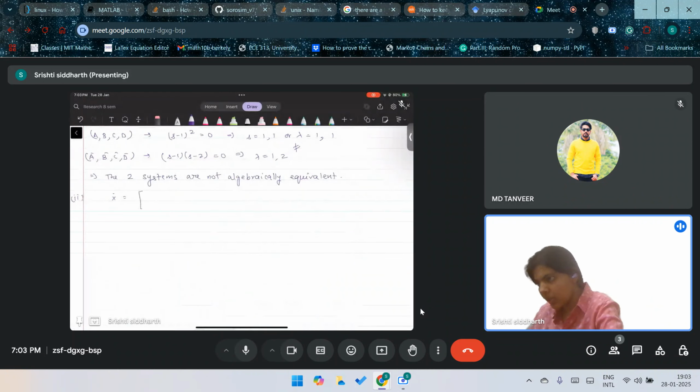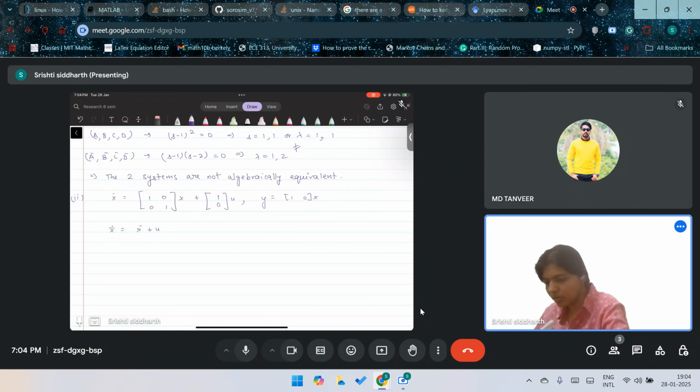The first system is x dot equals [1 0; 0 1] x plus [1 0] u, and y is the first state. And the second system is simply, let's say, x bar dot is x bar plus u and y equals x bar, where x bar is a real number.